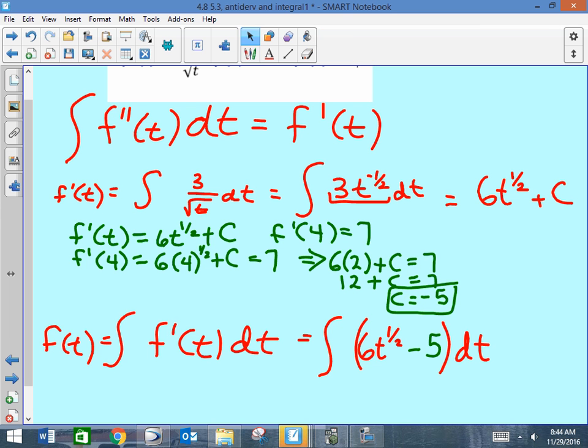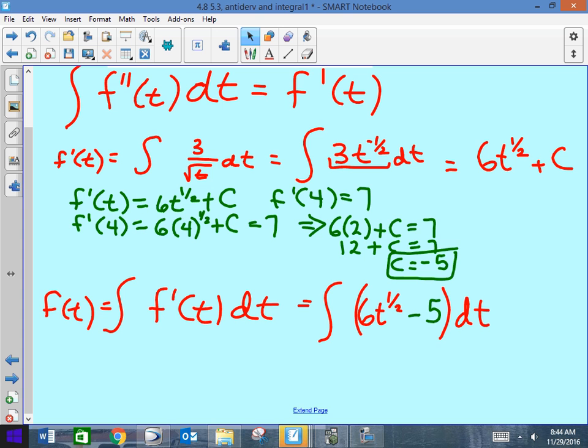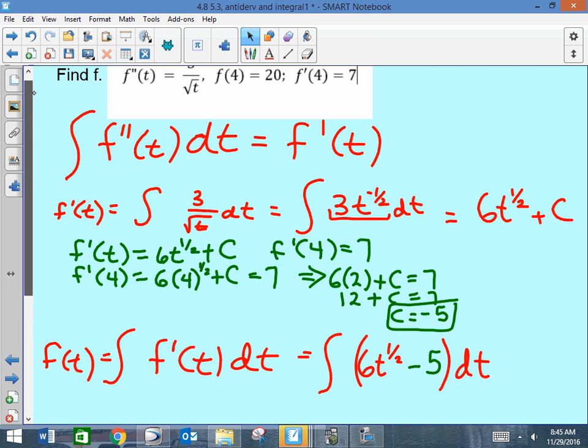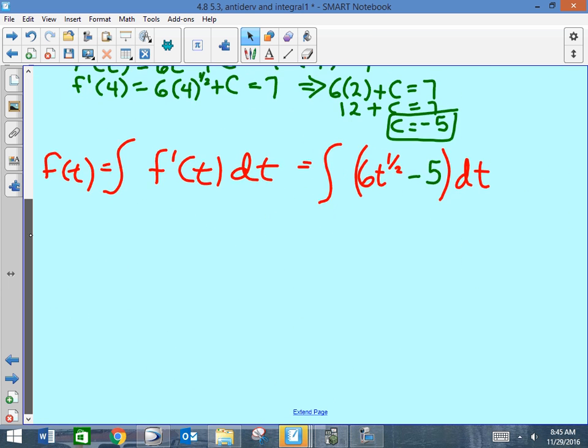Okay. That would be easier than dealing with the CT, which we could do, but okay. Now go ahead and find f of t. Do we know anything? F of 4.